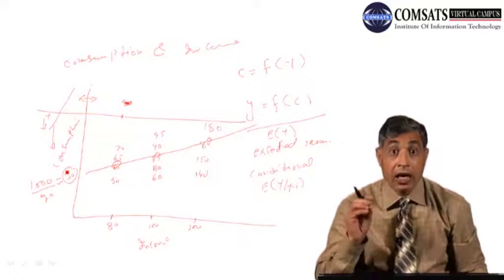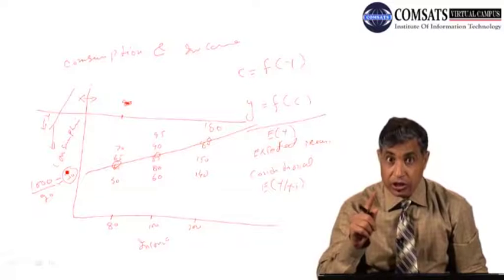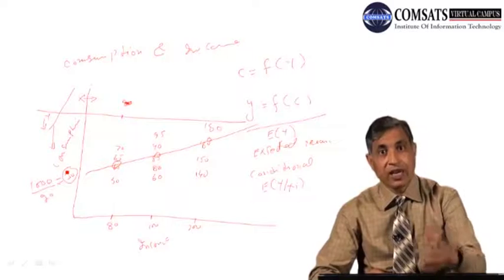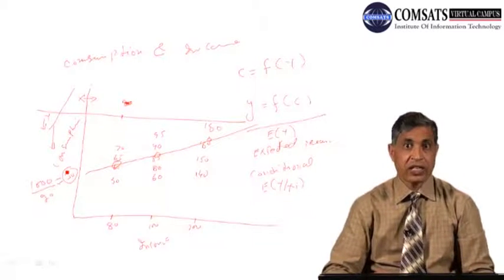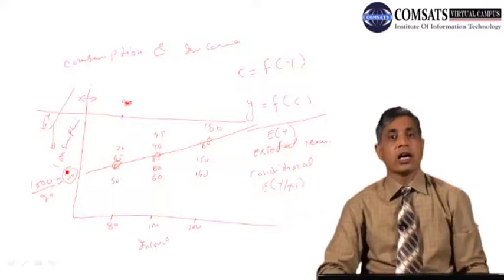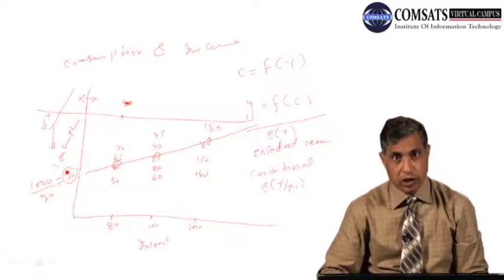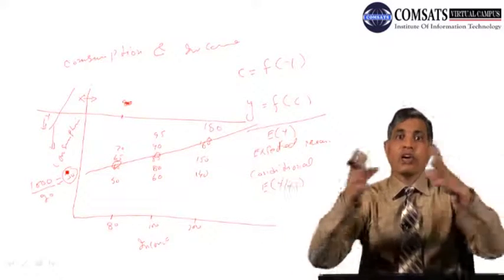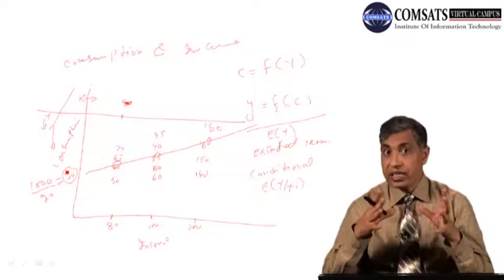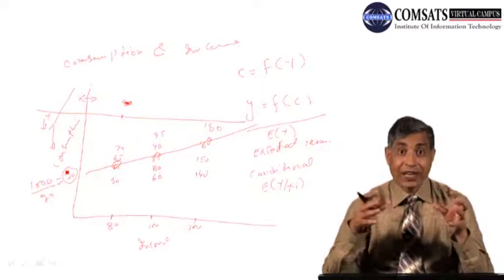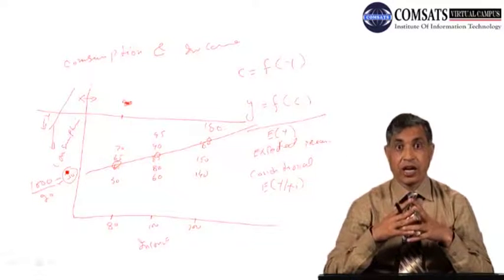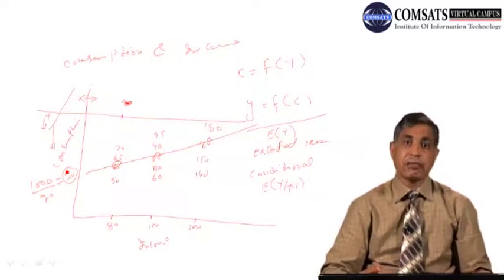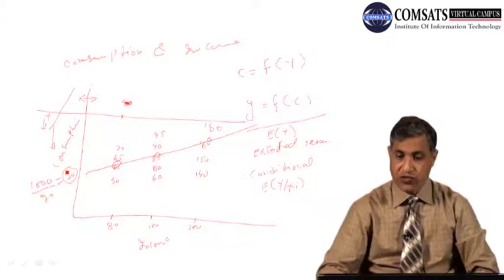This 50 is the unconditional mean, not the conditional mean. It is not showing, for the families whose income is 80, what their average consumption is, and what is the average consumption of the families who have 100 rupees. It gives us the overall picture, and you say the average is a good representation, but it hides much of the information, because it tells us that the overall average of the sample is 50, the population is 50.